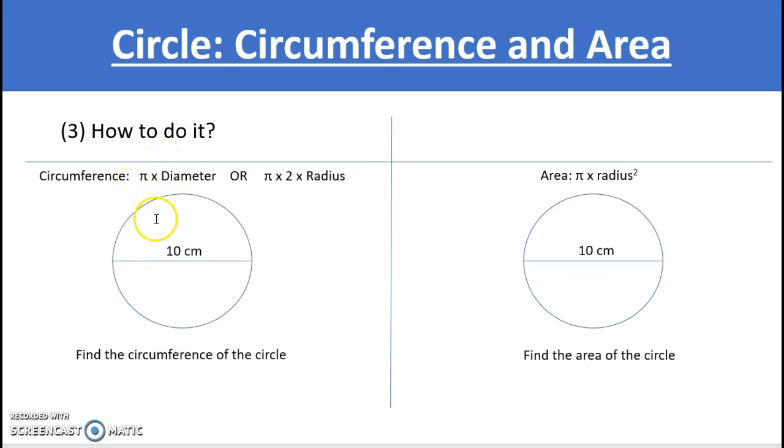So we've got pi times 10 centimeters, and you'll get your answer. For the area, you have a diameter, but you need the radius. So you half that to be 5, and pi times 5 times 5, and you'll get your answer, which is right here. 3.14 times 10 to be 31.4 centimeters, and 3.14 times 5 times 5 to get 78.5 centimeters squared. And the square there is important because you're talking about area.